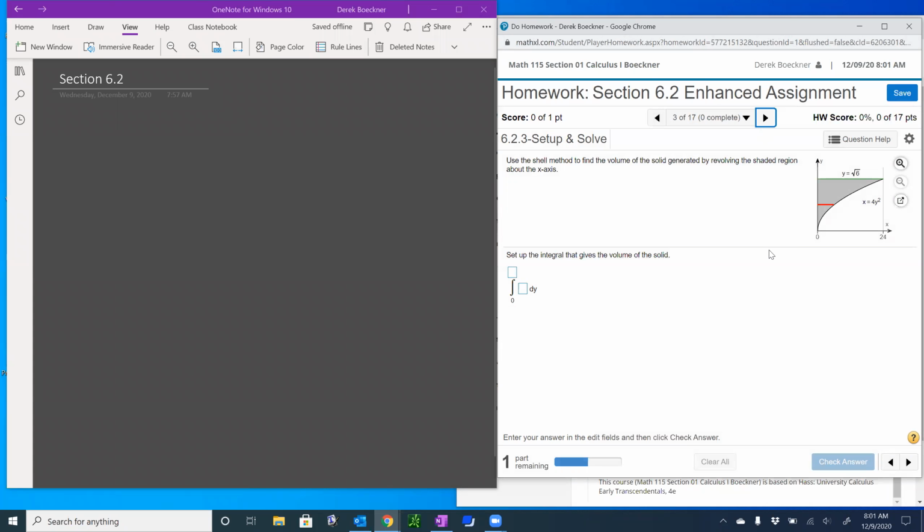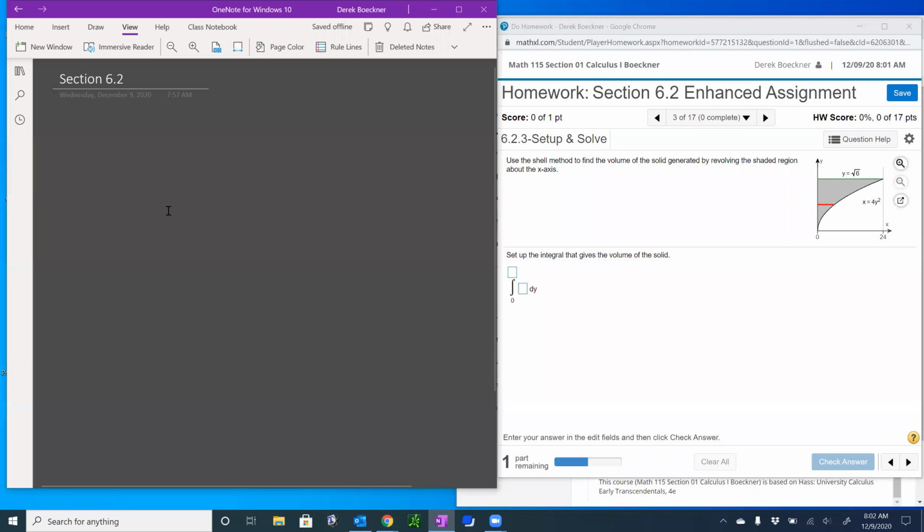So let me just talk through this one real quick. We're rotating around the x-axis, and so the rectangle is parallel to the axis of rotation, which makes this a shell, right? And because these are rectangles that are stacking up in the y direction, everything's going to have to be in terms of y, which is good because these two expressions are already in terms of y.